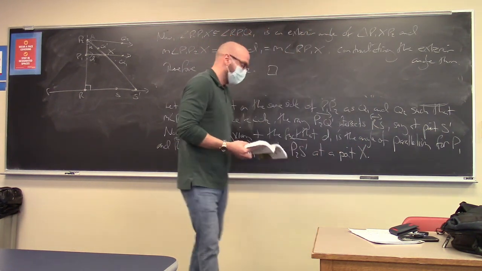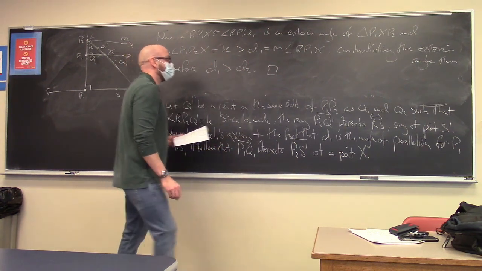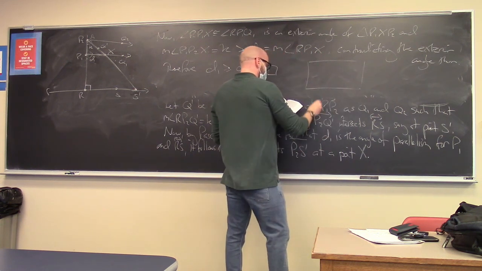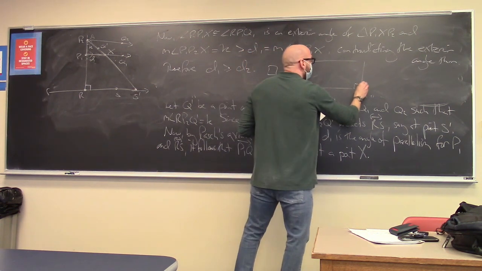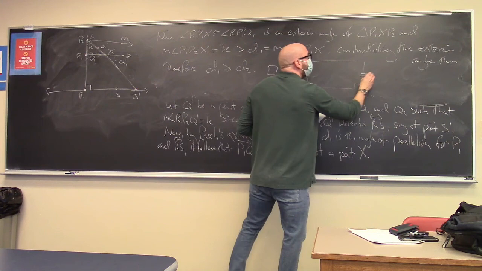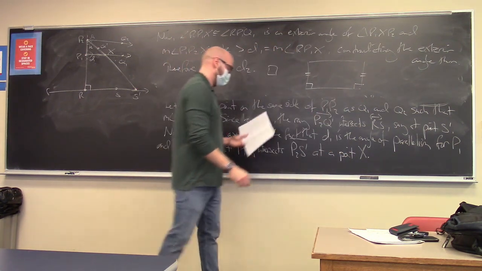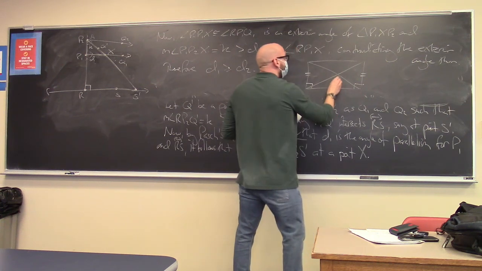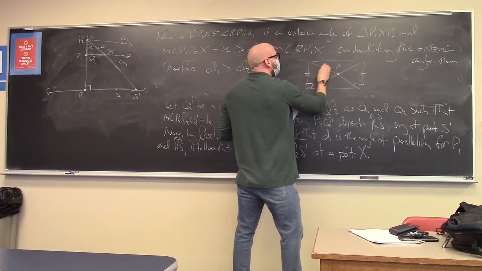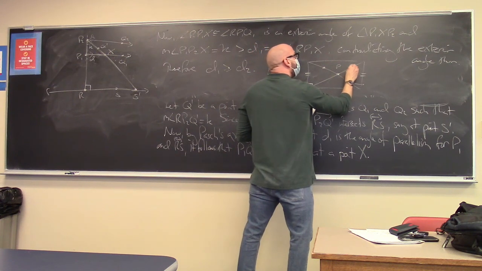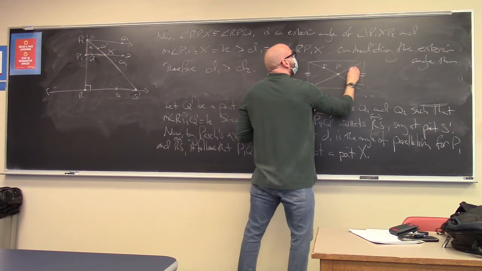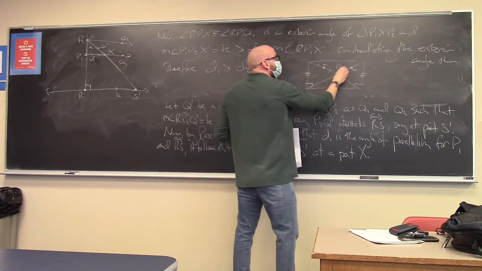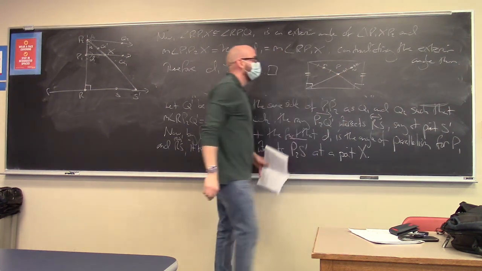You know lots of things in the picture already. You're told it's a Saccheri quadrilateral, so in particular, I know those two sides are congruent. You've got these two diagonals, the point of intersection, and then this asks you to come halfway along to M and N. Because you're coming halfway along, I know that those are congruent, and those are congruent because it cuts it down the middle.